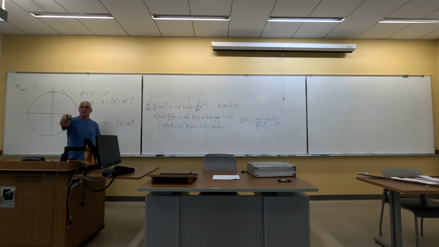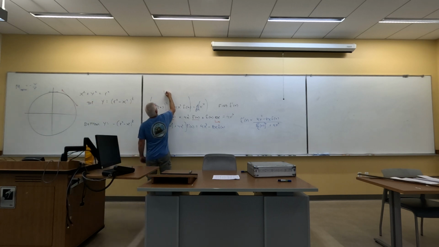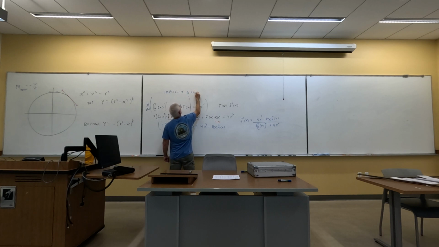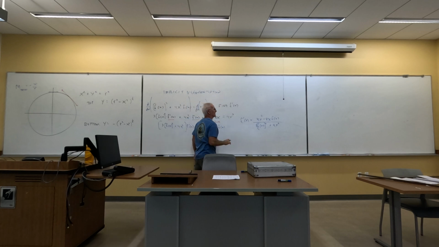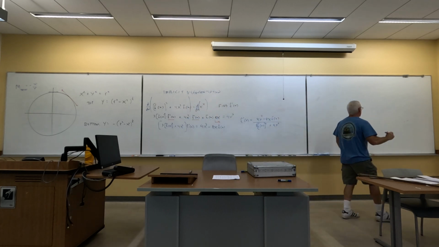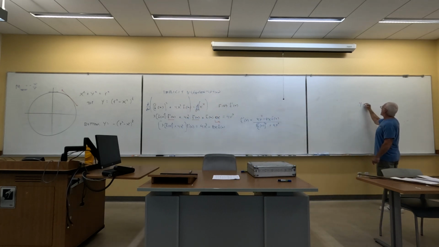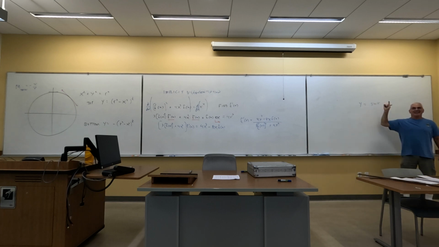Question? We're going to keep going. Okay? This is what is called implicit differentiation. And what this means really is something like this. If I said y equals the sine of x, y is explicitly defined as a function of x.